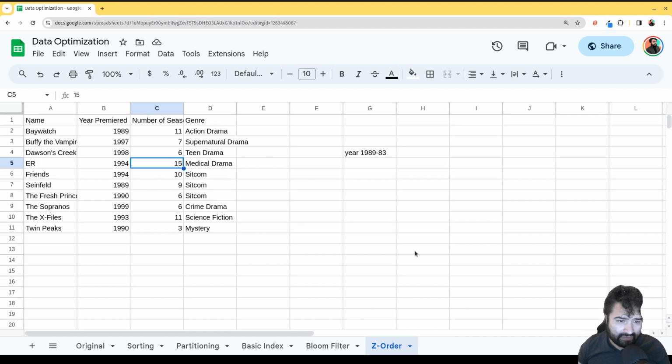We'll say 3 through 9, so seasons 3 through 9. That would be my first quadrant.